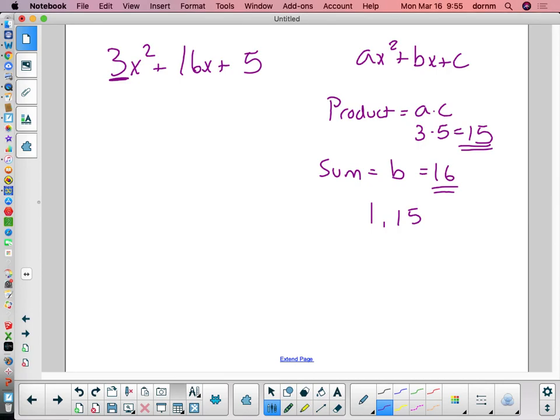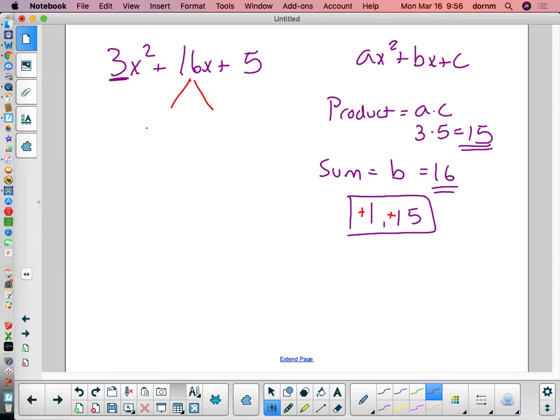But when I have that leading coefficient in front, I can't just say p plus 1, p plus 15. Because if I FOIL it back out, I wouldn't get 3p squared, would I? So what we do with our magic numbers now, and this is the nifty part, but also the complicated part, is I'm going to use this plus 1 and plus 15 to break up this middle term into two terms.